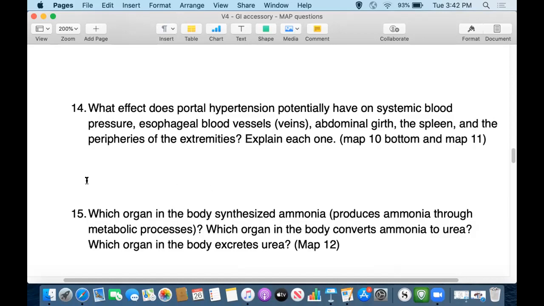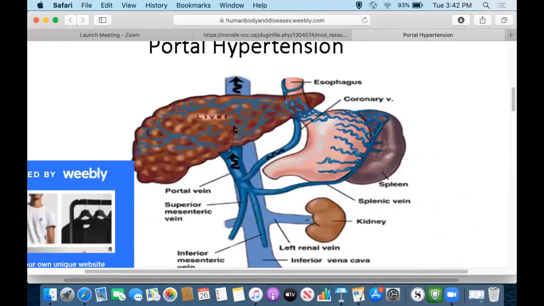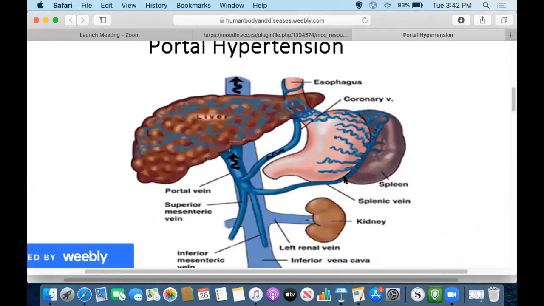So let's look at the picture and see what we can cover off here. We already talked about how this could cause a spleen to become enlarged. It can also cause, roundabout where the esophagus meets the stomach, swelling of the vessels there as well.